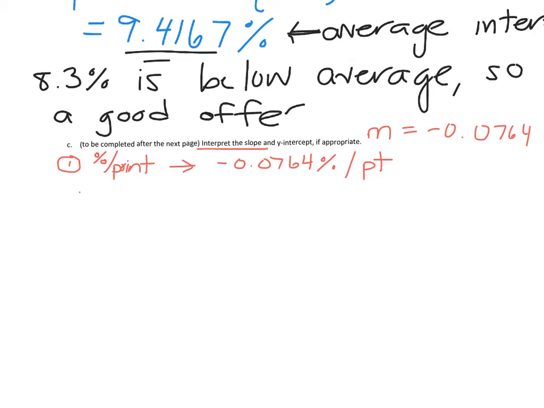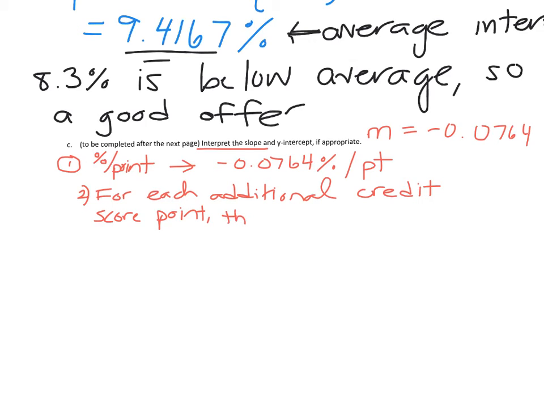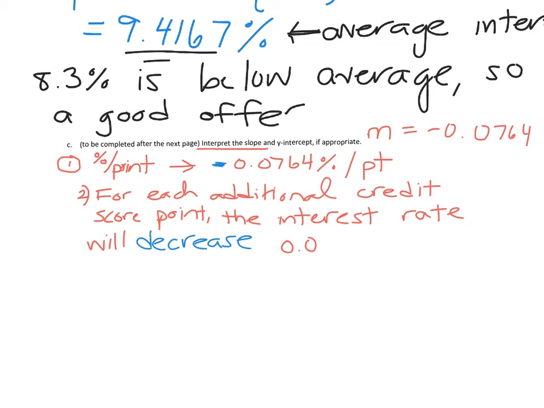Our actual answer, again, is part 2. We would say for each additional credit score point, or for a point increase, something like that, the interest rate will, all right, and because we have a negative slope, we're going to say will decrease, because it's a negative slope, decrease, we can drop that negative sign now, 0.0764%.